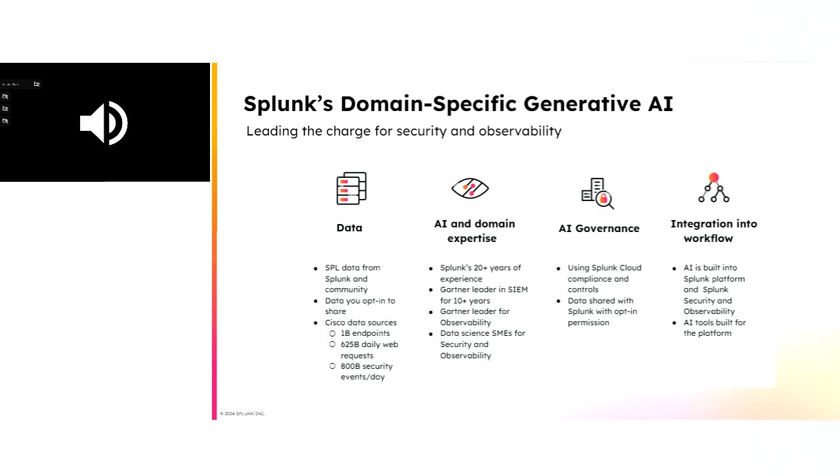We don't use your data ever unless you opt in to share it specifically, so that your data is safe. One of the pluses from our merger with Cisco is that we will be able to leverage a lot of the data that Cisco collects on a daily basis.